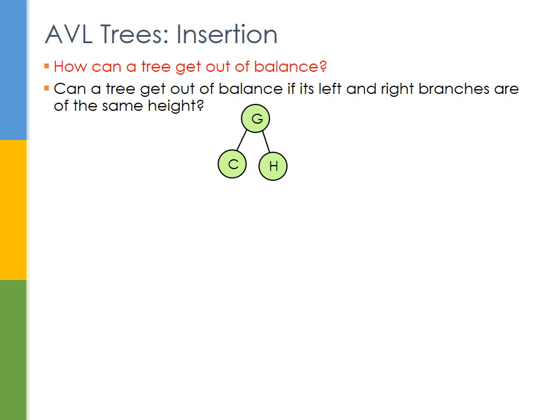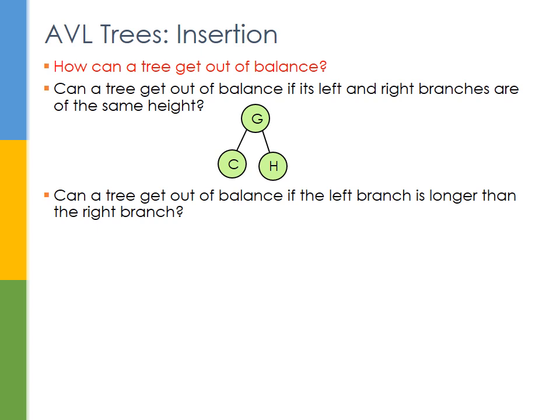So of course the answer to this question is no, because any insertion that we will perform will either fall under node C or under node H. Either way, we still have a difference of 1 or -1, depending on which side we have inserted the new node into, and therefore we still have a balanced AVL tree.